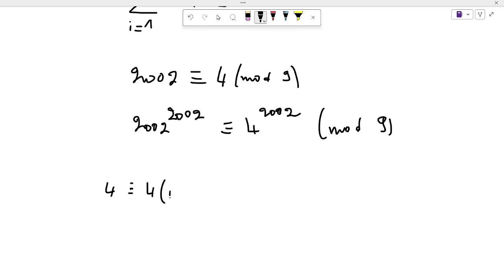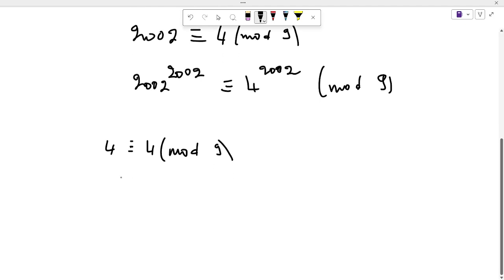Now when we consider powers of 4, first of all 4 is congruent to 4 mod 9, 4 to the power 1. When we move up to 4 to the power 2, which is 16, we can see that it's 7 mod 9.